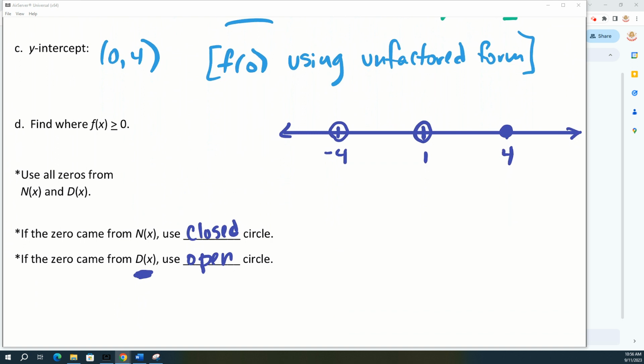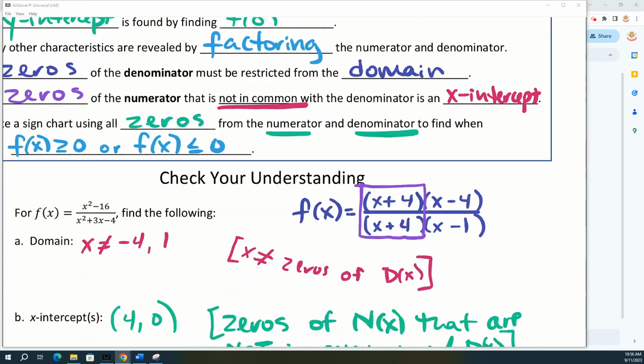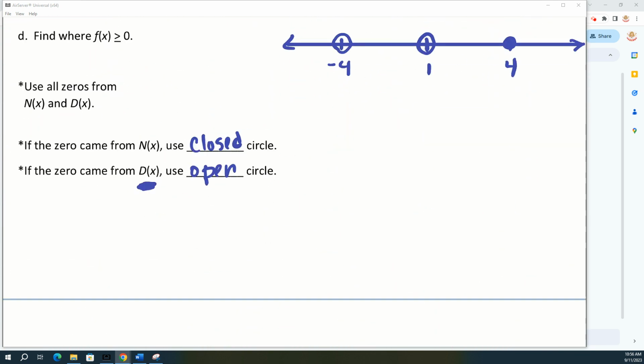And when we're talking about writing your answer in interval notation, does the open circle translate to parentheses or brackets, do you think? Open circle is going to be parentheses, and closed is going to be brackets.